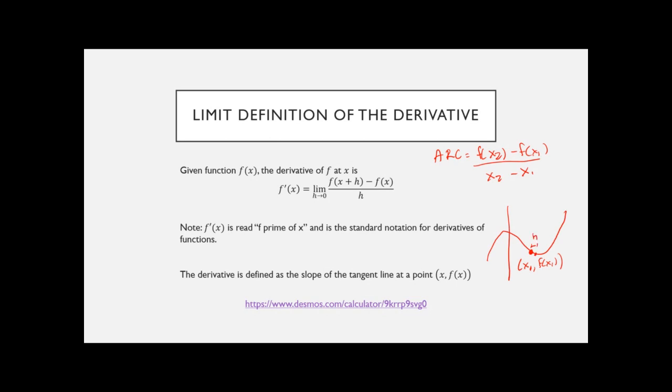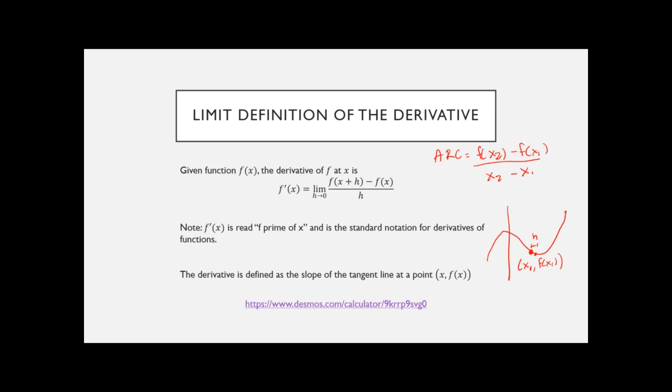Sometimes they use delta x because it's the change in x. Sometimes they use h. But we're saying we're picking a point close by, where we have h be really small because it's really close to my initial point. So x2 is going to be that x point plus h. That's where we get x plus h.